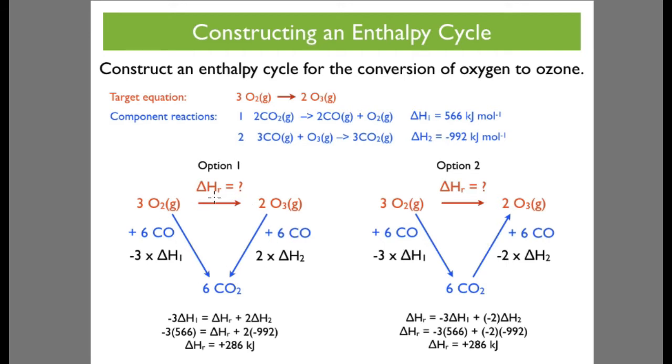So we've got an enthalpy cycle. Oxygen to carbon dioxide is minus H1 because we're going the other way, and we can see it's 3 compared to 1, so it's going to be minus 3 H1. Ozone going to carbon dioxide is going to be plus this one, so we don't change the sign, but we do need 2 of them, so it's going to be 2 H2.